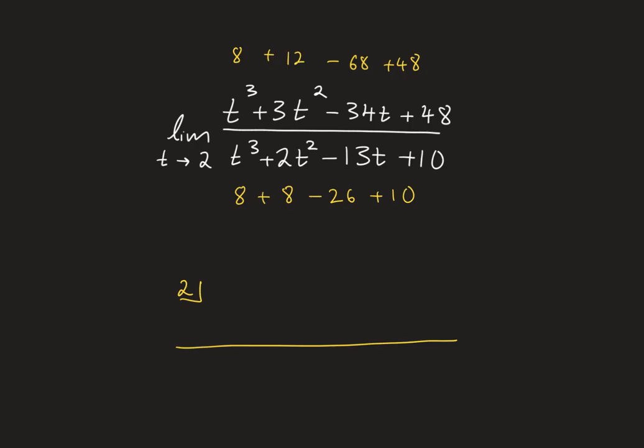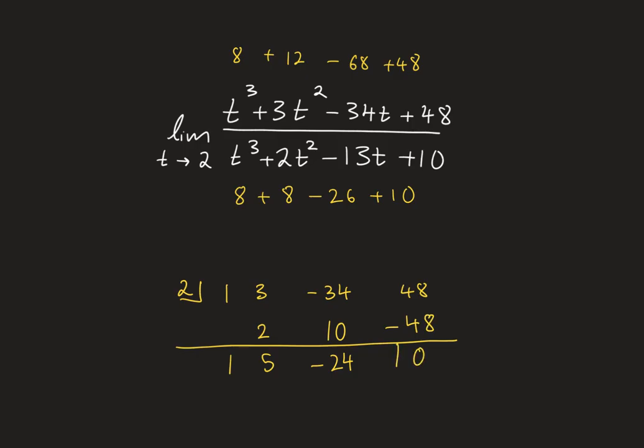So here's what we got. That's all good. 1, 3, negative 34, 48. Okay. And synthetic division: bring the 1 down, multiply, add, multiply, add, multiply. And we were expecting this to have a remainder 0.